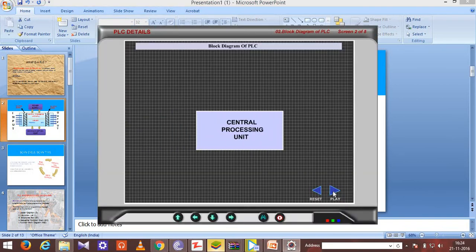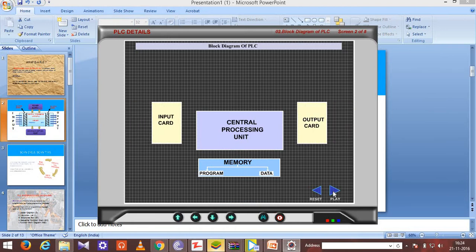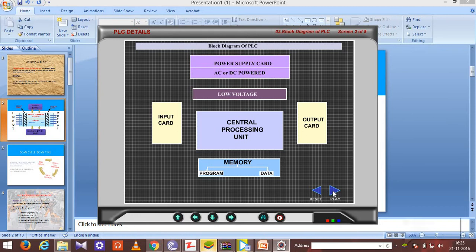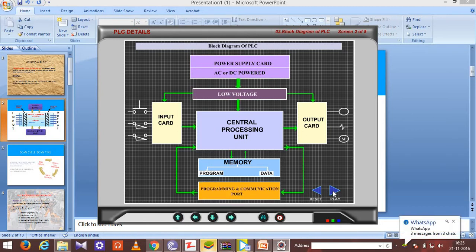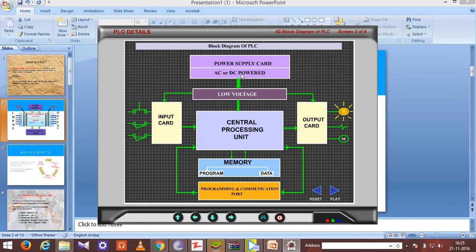Now we can see about the block diagram of PLC. So this is the power supply card and direct supply is given to the power supply card.